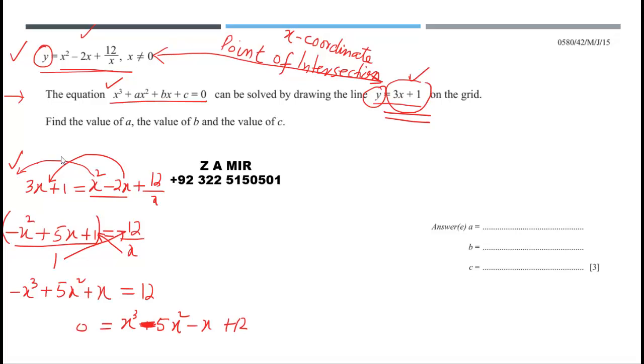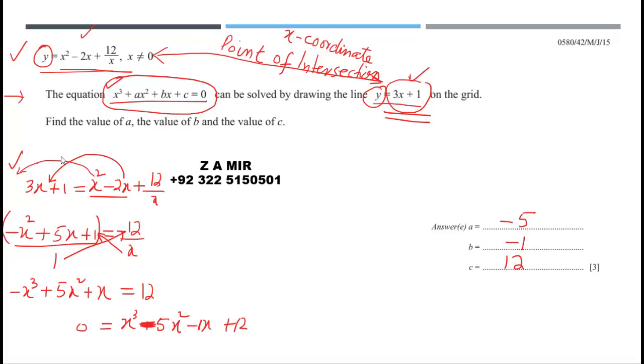Okay student, now you can compare this with this. So here x cube matches with x cube. Ax square, a is minus 5, bx matches with minus 1x, so b is minus 1, and c matches with 12, so c is 12.